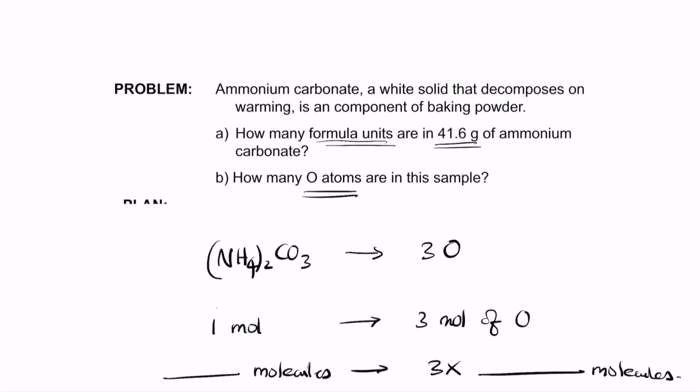So remember the ratio here, 1:3 is the ratio, so the molecules also will have the same ratio. So each formula unit has 3 oxygens, so 1 mole will contain 3 moles of oxygen. So whatever the number of molecules that you end up with as the answer in the first part, multiply 3 to it, and that will be the number of oxygen atoms in the sample. So pause the video right here and try to solve this problem.